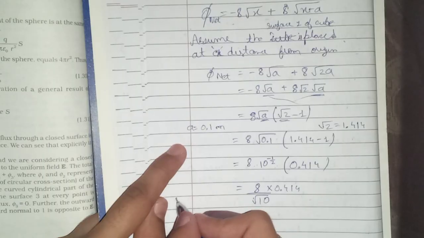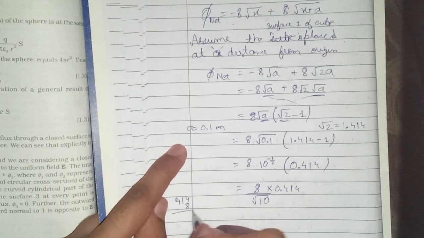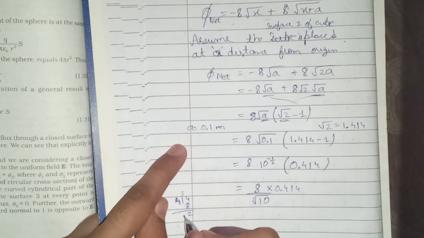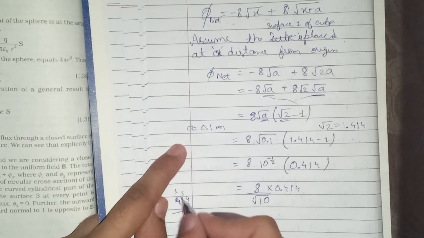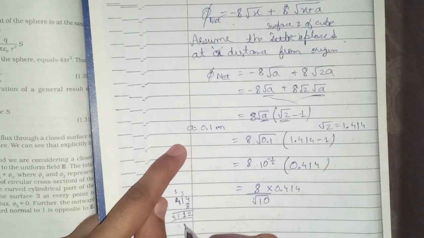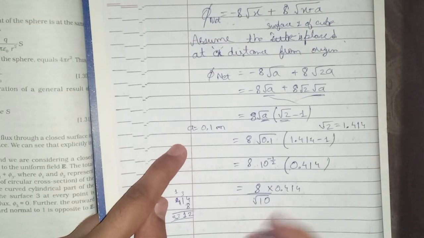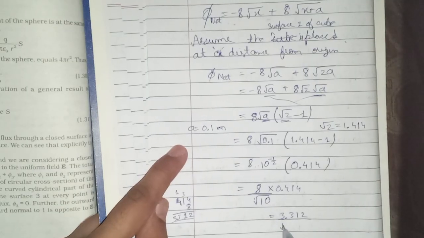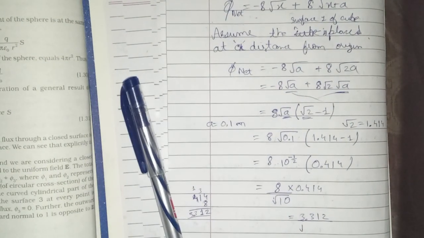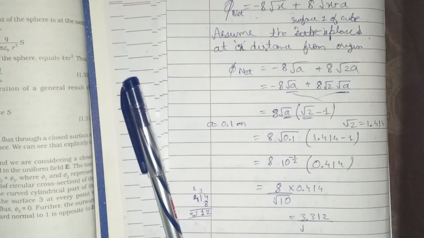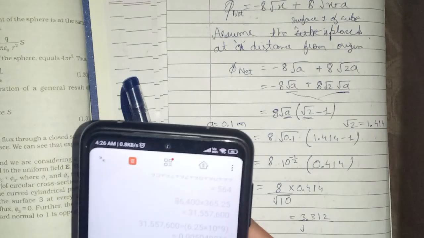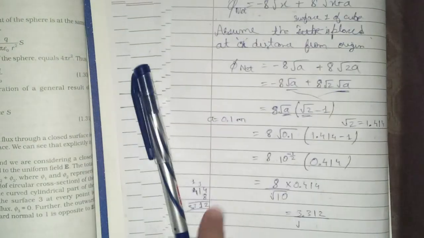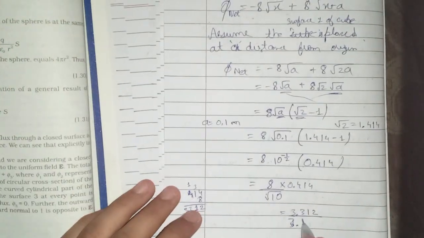Anyway, let's solve it because NCERT doesn't give any steps. If the answer matches, then it would be right. For root 10, let me check the value. Root 10 is 3.16.